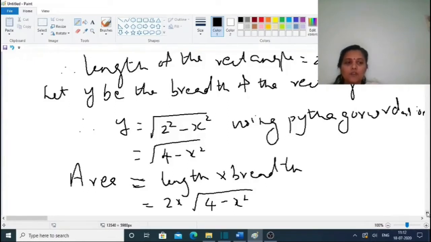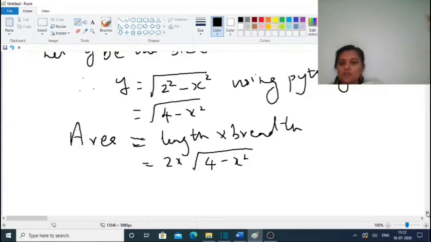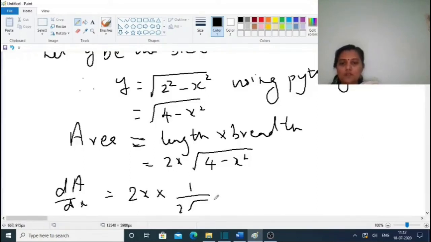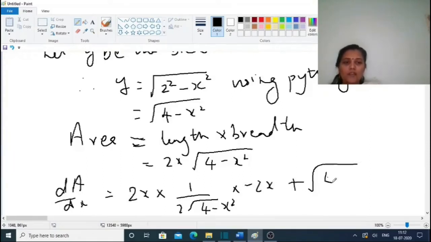Now we have to maximize this function. So dA by dx is equal to, we can use the product rule. So 2x into 1 by 2 into square root of 4 minus x square into minus 2x plus square root of 4 minus x square into 2.